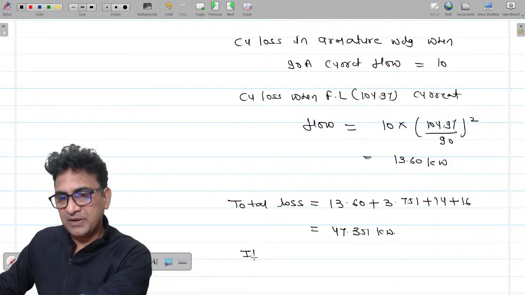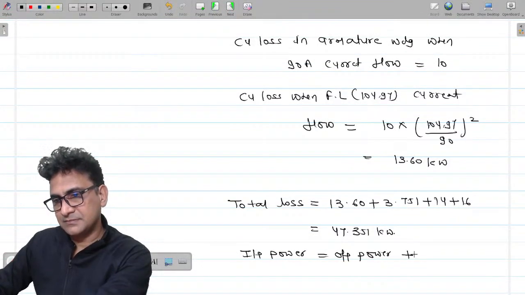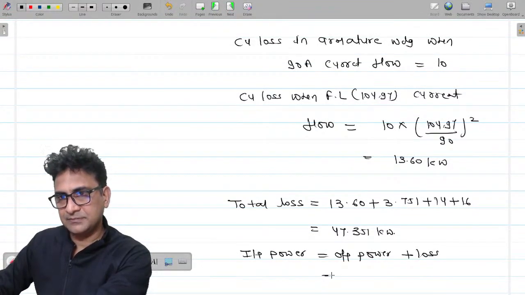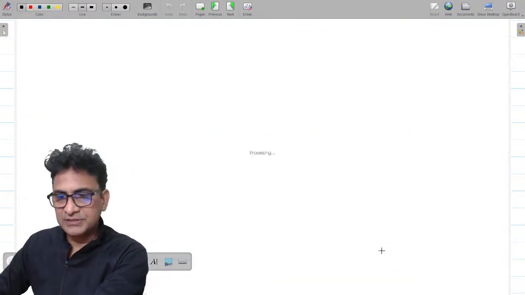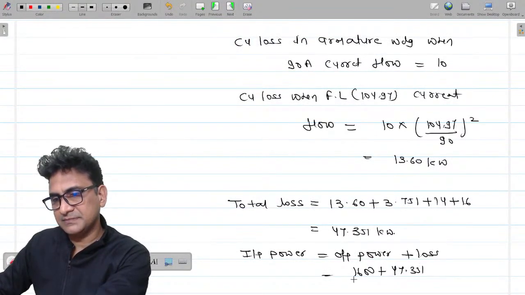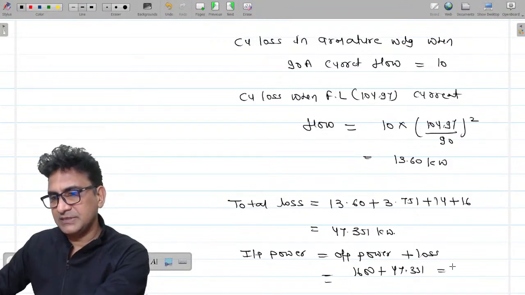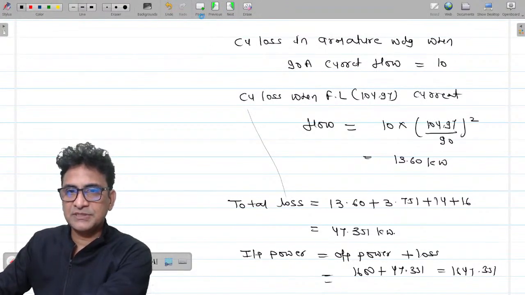Now what is the input power? Output power plus losses. Output power is 1600 kilowatt plus 47.351. So it is 1647.351. Clear? So what is the efficiency?